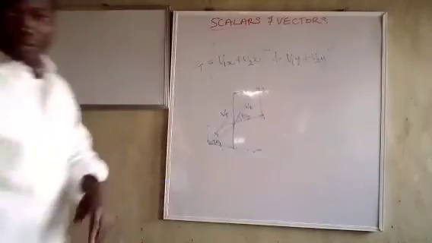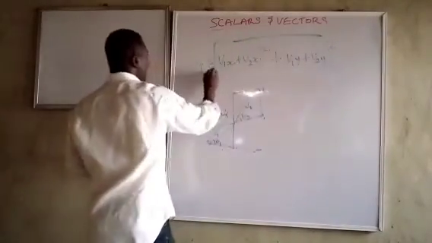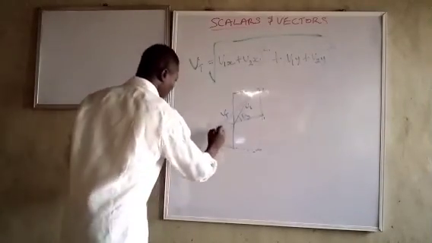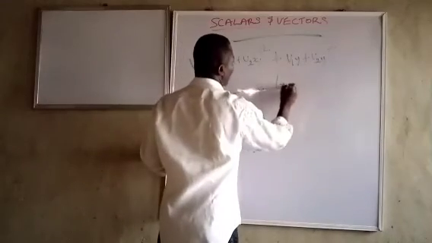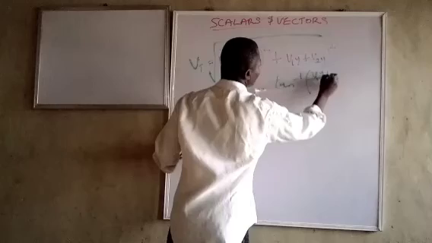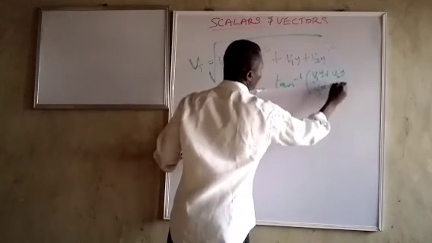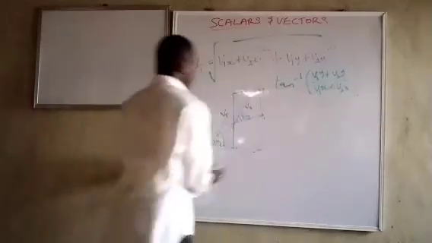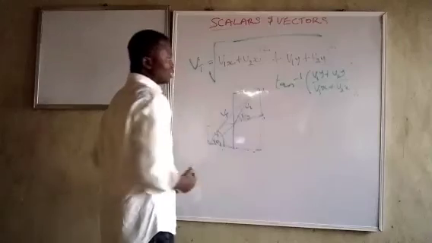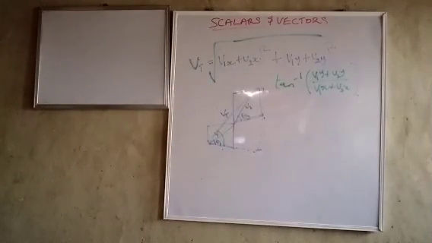And the final direction is going to be arctan of V1y plus V2y over V1x plus V2x. So I believe that when you see that each one acts like they are in different planes and being joined, it will give you better understanding of the addition of vectors.